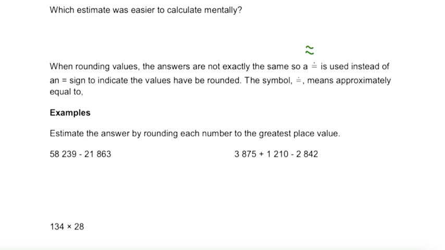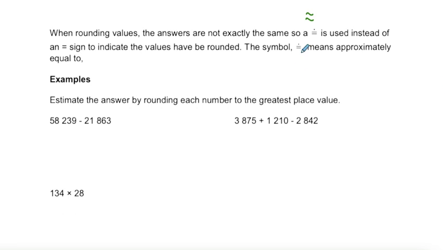So when we are asked to estimate, we always have to remember when we are writing our solution to include that symbol. So I'm going to estimate the answers by rounding each number to the greatest place value first. I'm going to take a look at my 10,000 place for my first number. The number beside that is an 8, so I'm going to round this one up to a 6. So I have 60,000.